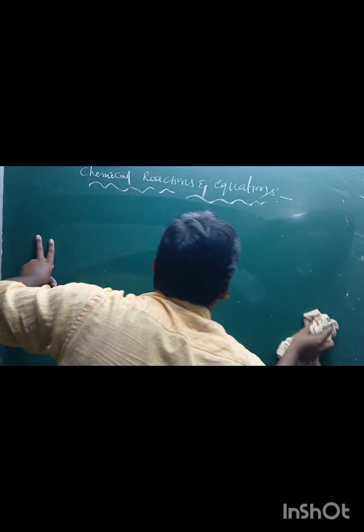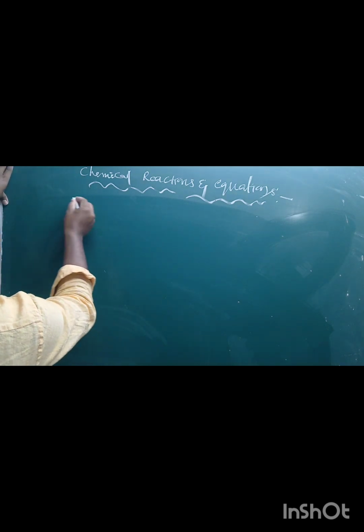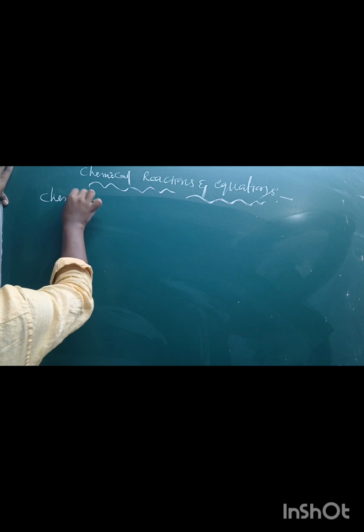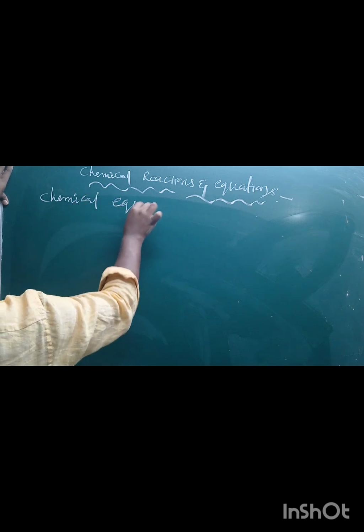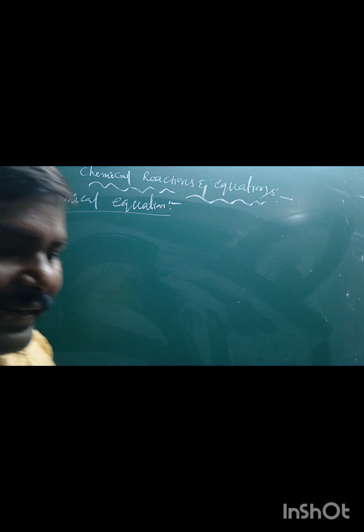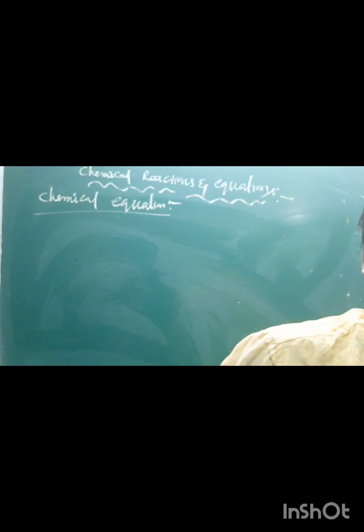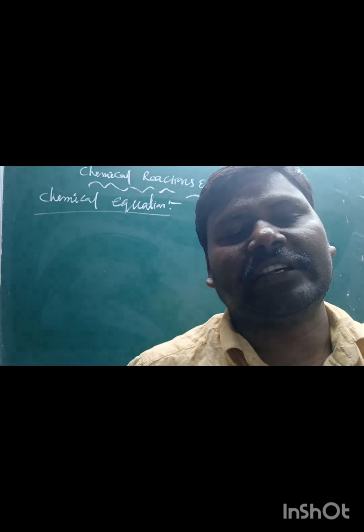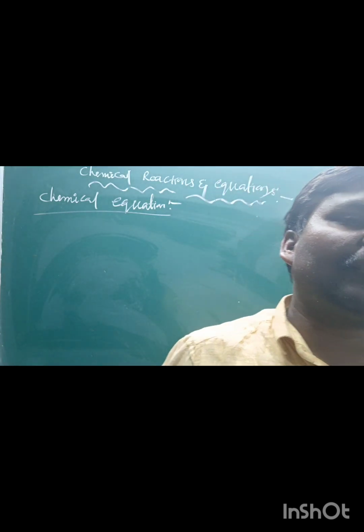Or, the equation in which the number of atoms of various elements on the reactant side and the product side may be equal or may not be equal is called a chemical equation.